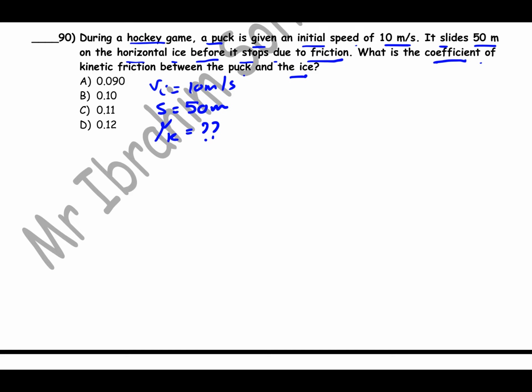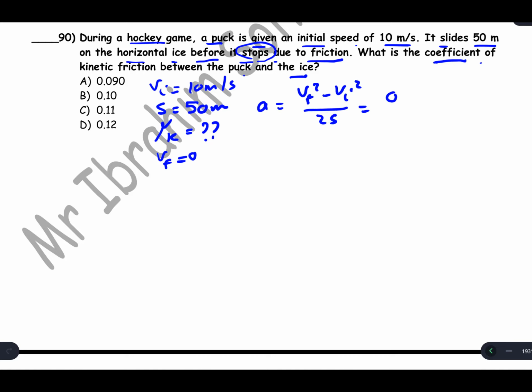How do we calculate acceleration from this information, guys? Hold on. It stops, so v final equals 0. You know well that a equals v final squared minus v initial squared over 2s. 0 minus 10 squared over 50 times 2.